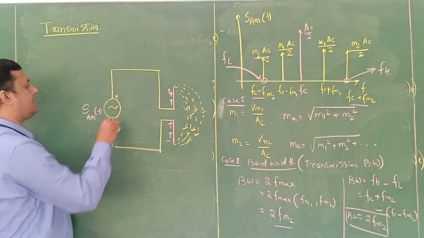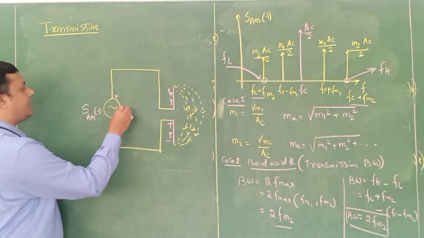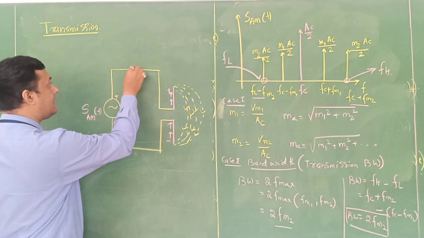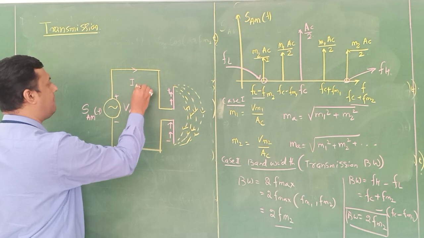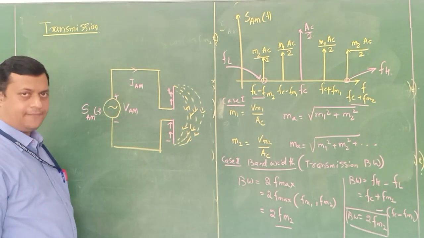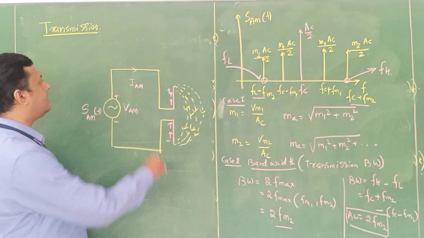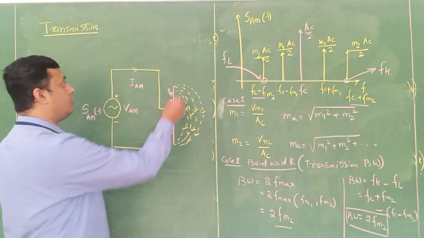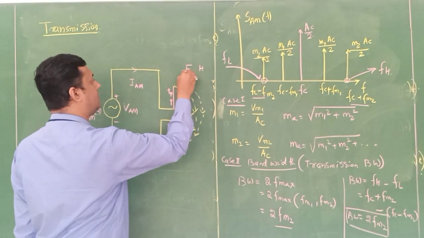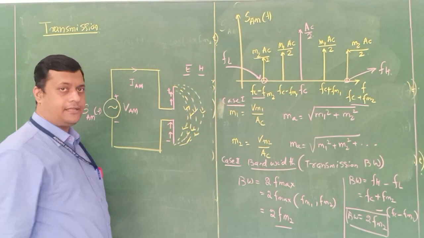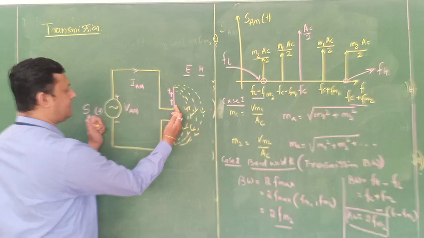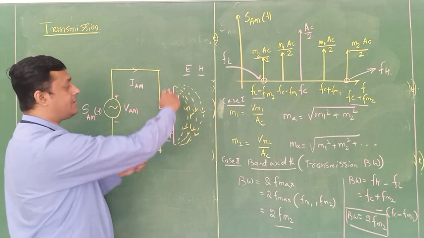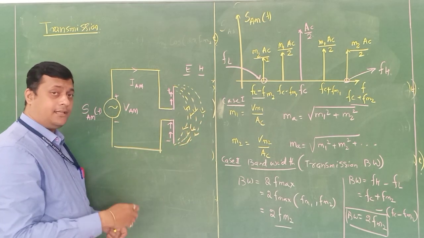Since it is an analog signal, it will have potential V suffix AM and the current in the loop will have I suffix AM. Next, how are this V and I going to be converted into E and H? Because of the electric field and magnetic field out of this device, think that this is the device in which the transmitted modulated signal is converted into an EM wave. How is it converted? Let's see.